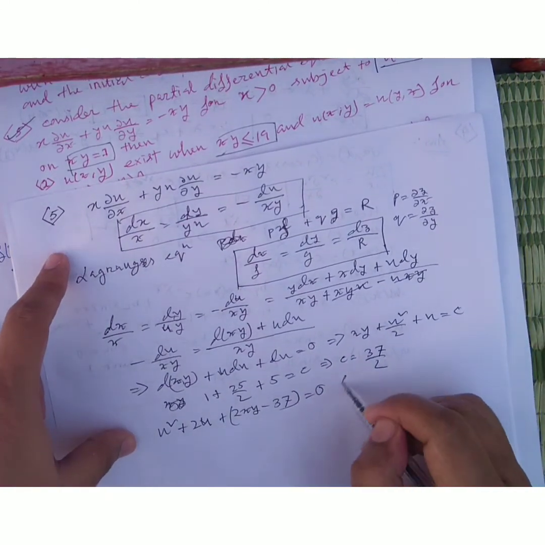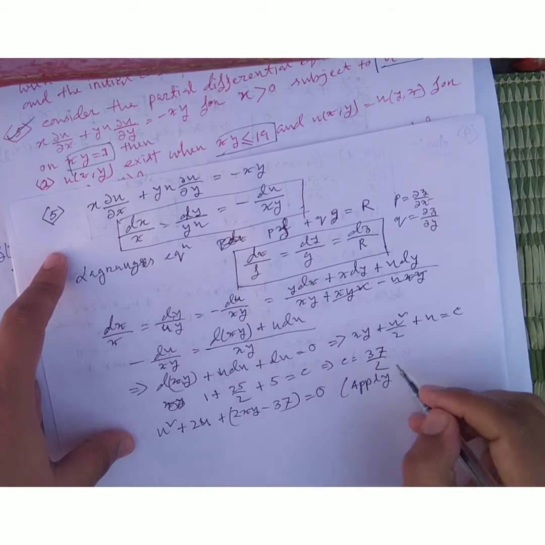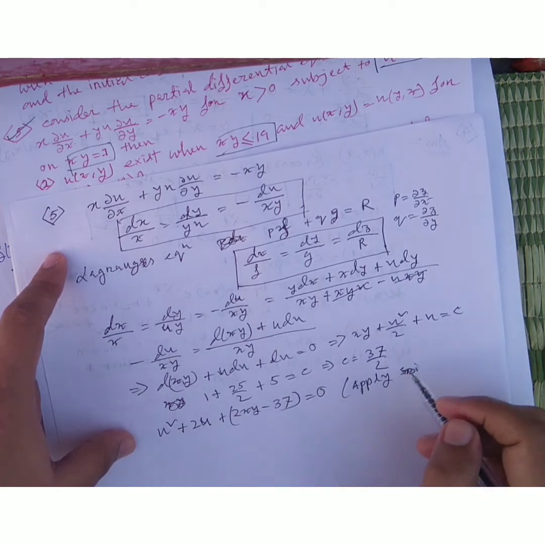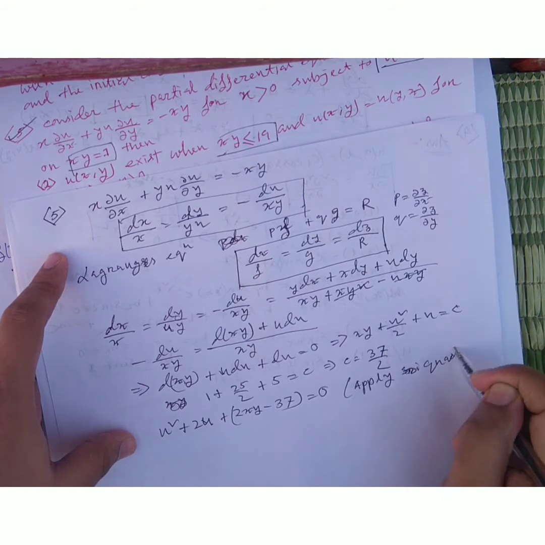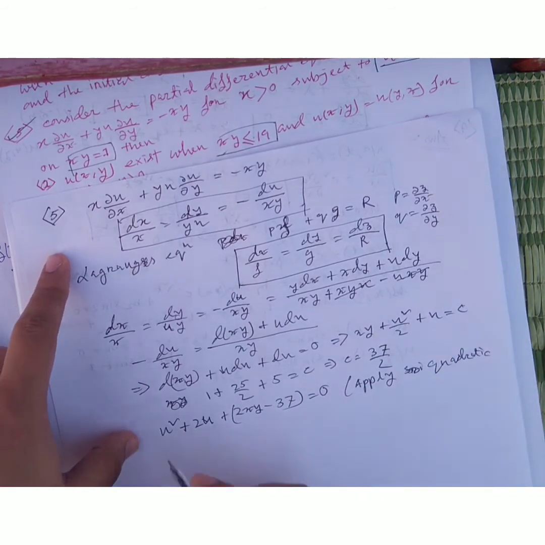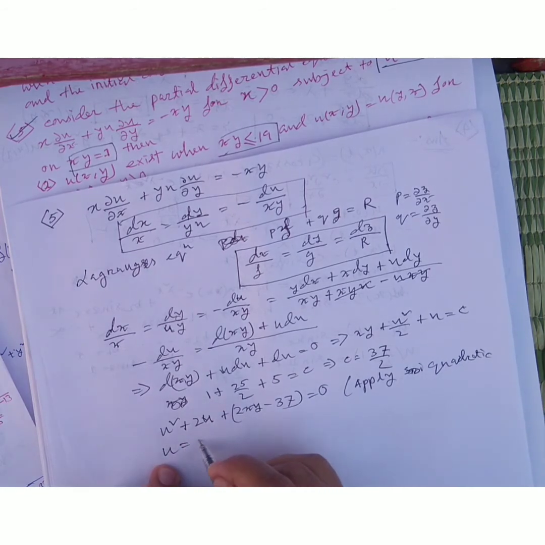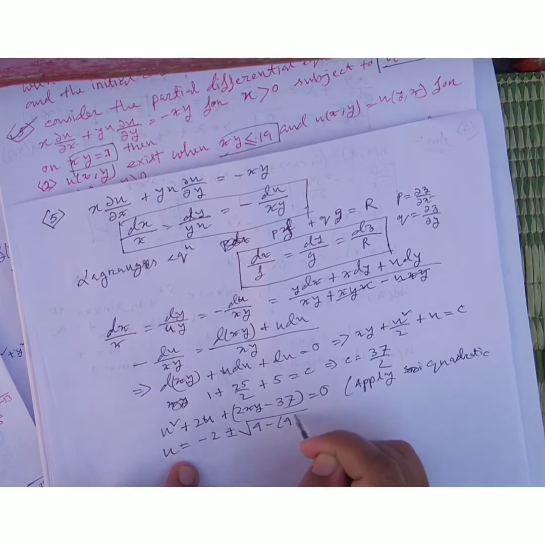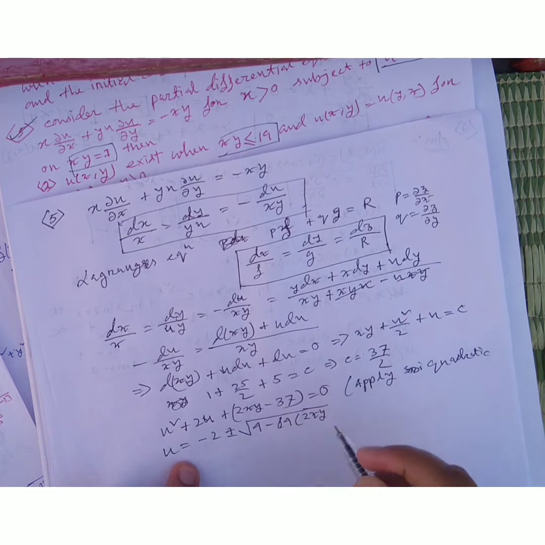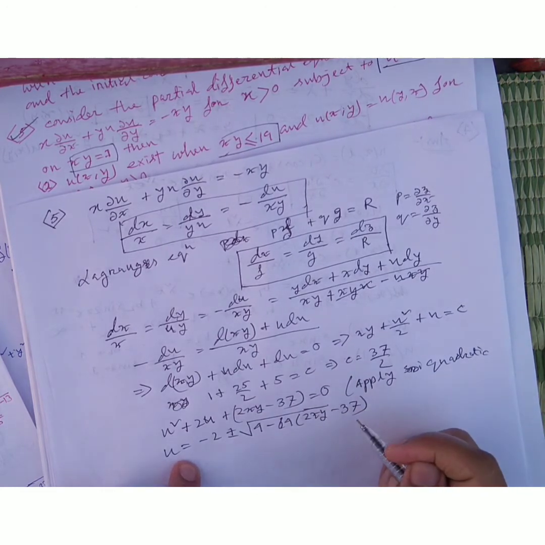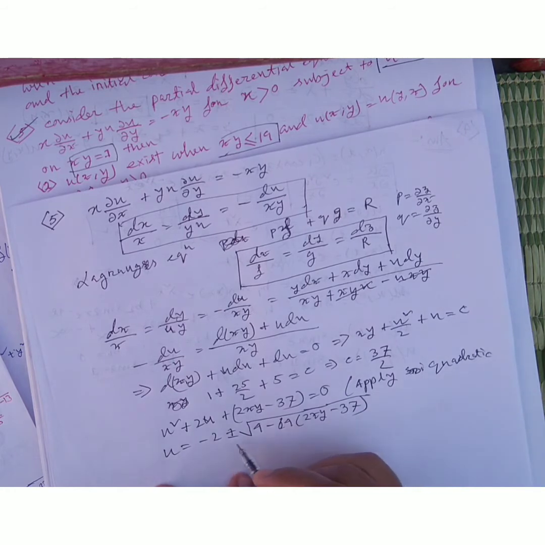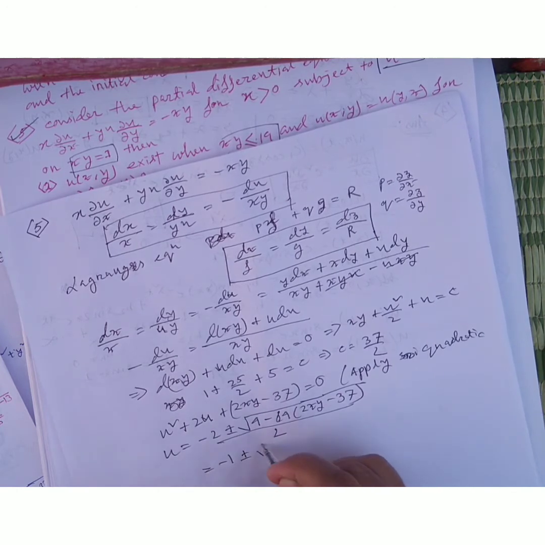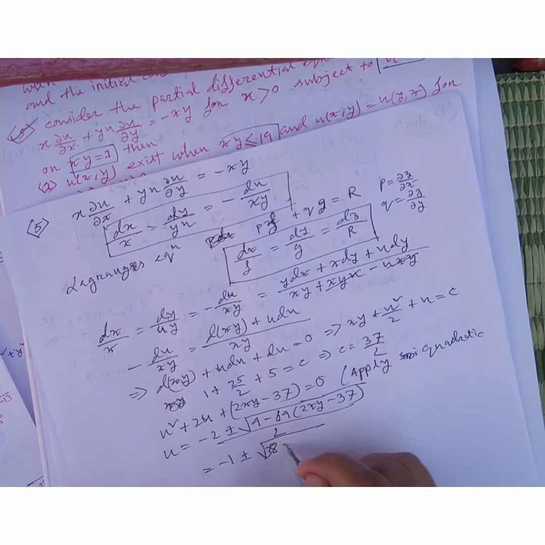I apply Sridhar Acharya formula, so by applying the quadratic formula, I get u is equal to minus 2 plus minus root over 4 minus 4 into 2xy minus 37, divided by 2, and I get minus 1 plus minus root over 38 minus 2xy.